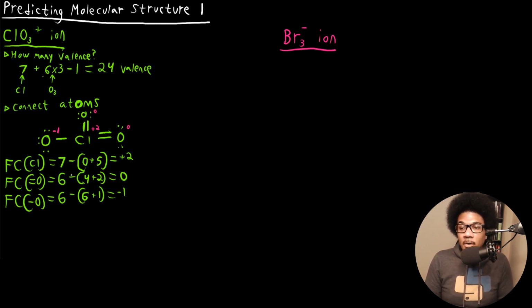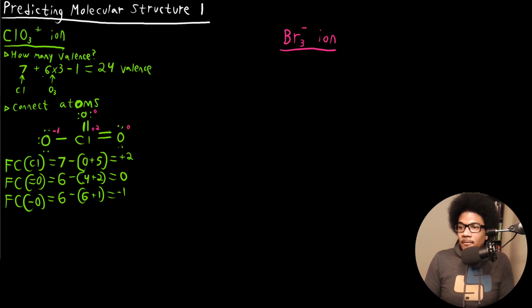So that confirms that we have made a correct structure here because we have all of the atoms connected. Octets are full for oxygen. Chlorine's fine with an expanded octet since it's below period 3. And we have the correct charge here. So we have a correct Lewis structure for ClO3+.